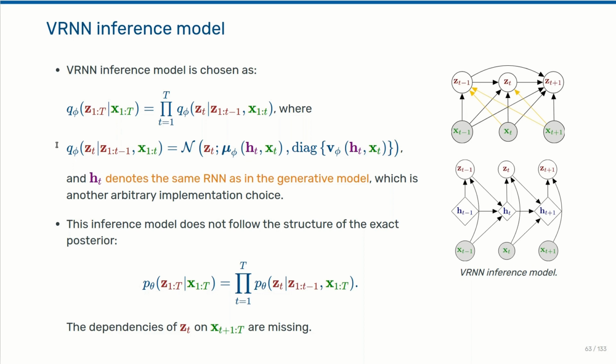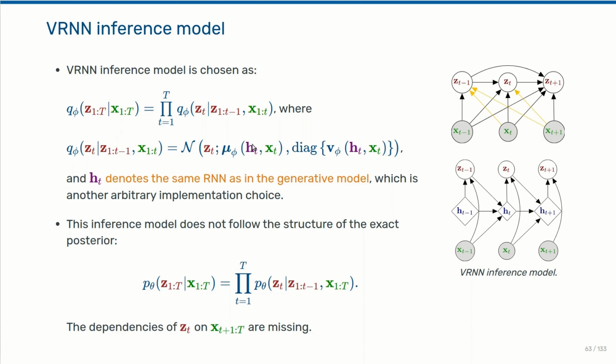Of course, as for VAEs, the posterior distribution is approximated by a normal distribution whose parameters are computed from HT and the current XT. As a reminder, HT encoded all the previous latent codes and observations.